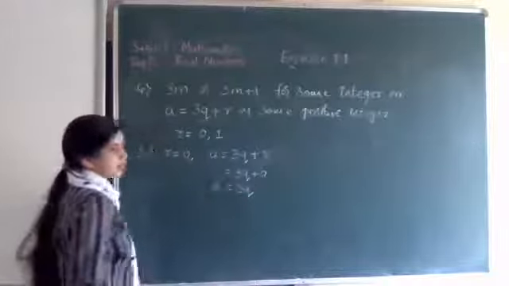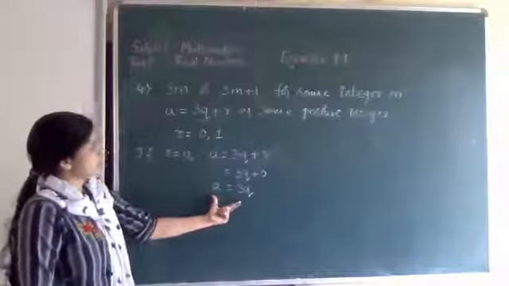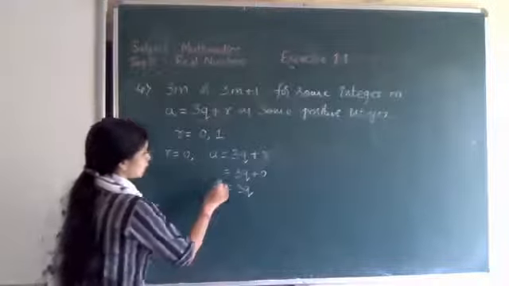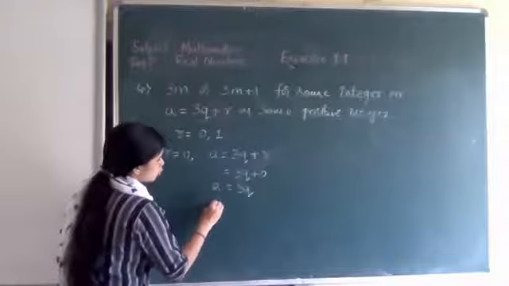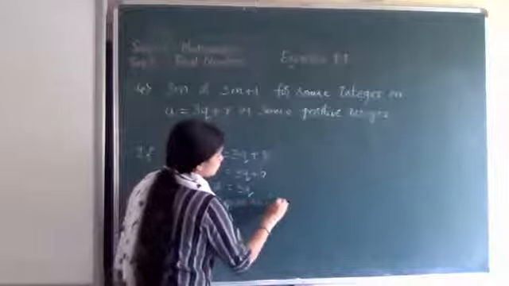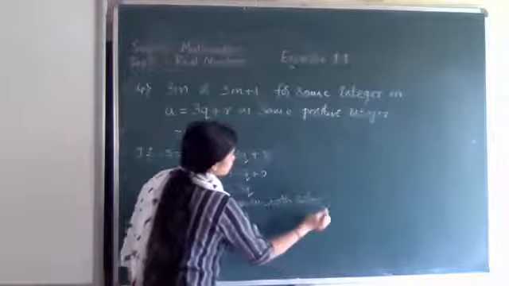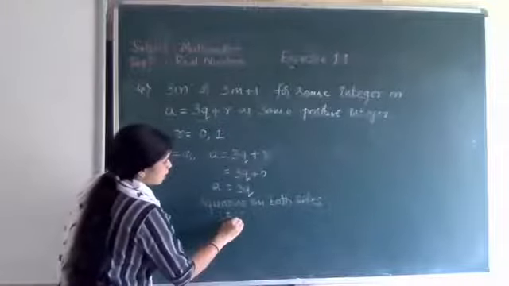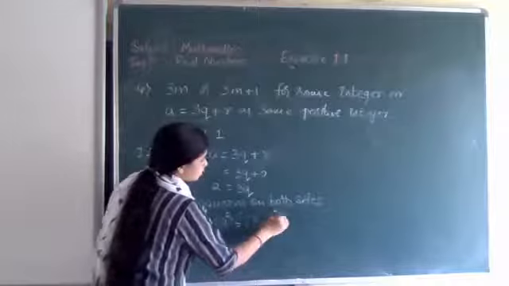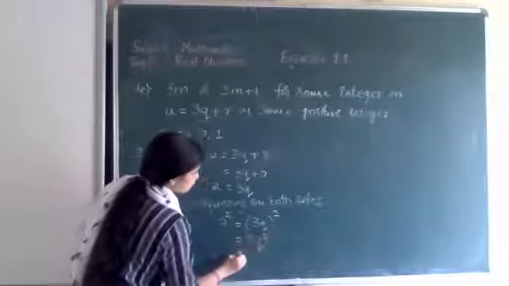What have they asked? They have asked for the square of the number. The square of some integer will give you 3m or 3m plus 1. We have to square on both sides. Squaring on both sides, we get a square equals 3q whole square, that is 9q square.